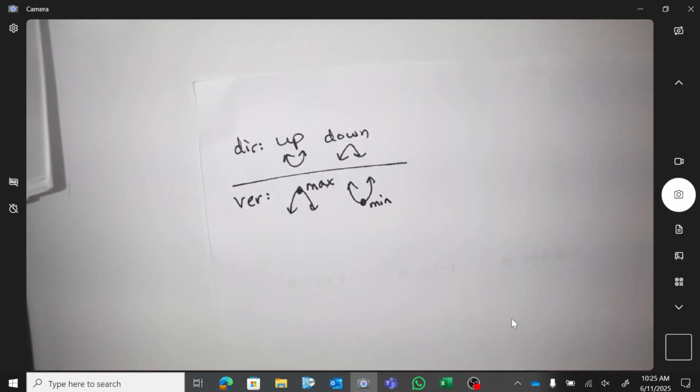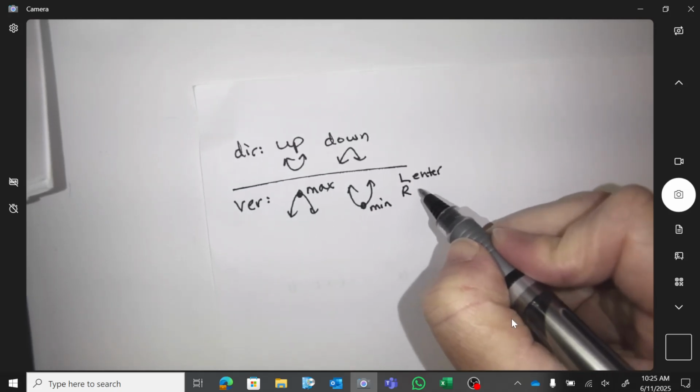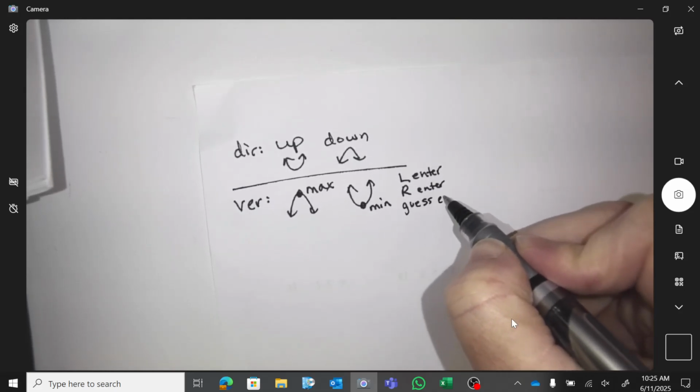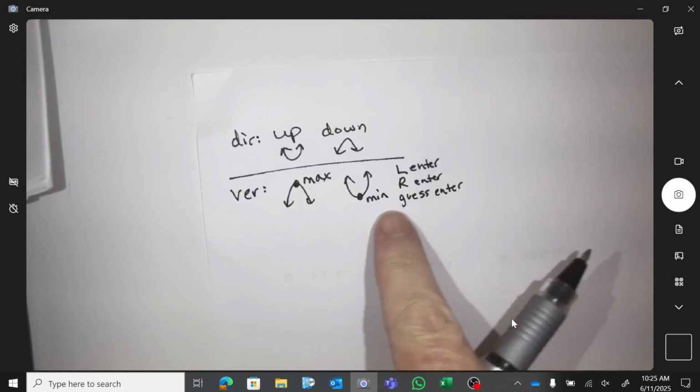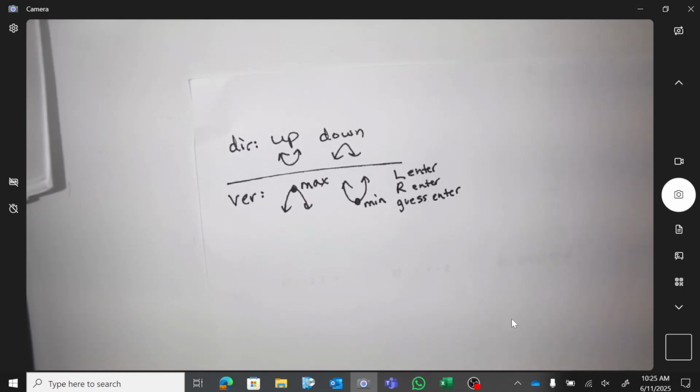That's your calculator instructions. And we probably should go left, enter, right, enter, guess, enter. Does that make sense if I wrote it like that? Left enter, be left of it, right of it, and then guess it. You have to enter 3 times though, right?